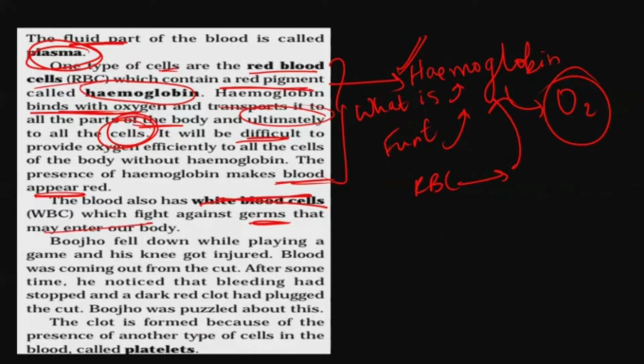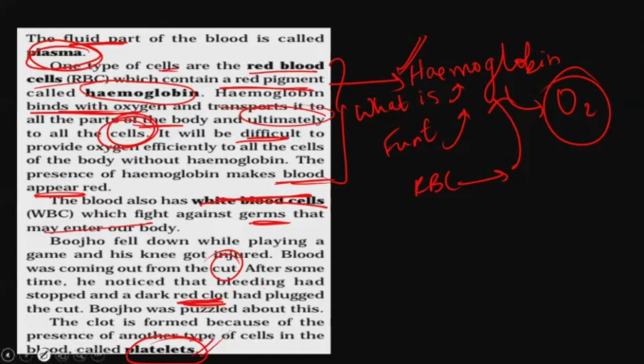Now here they talk about platelets, that is, once we get a cut, for example, or an injury, blood comes out, but after a while it forms a clot, a red clot, that is a hard, rough, dark brown kind of substance that forms a clot which stops blood from flowing. And this is because of another type of cells, as I said, platelets.